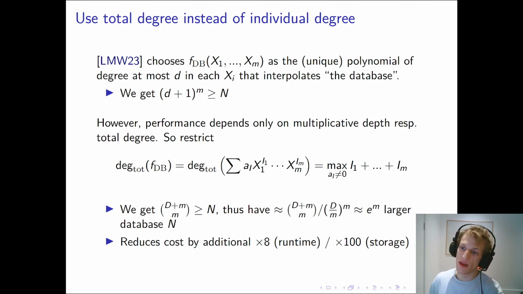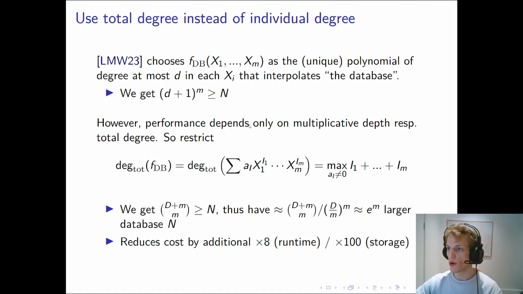But the monomials belonging to this degree are very few. For example, F_TB has only one monomial of degree d times m, and that's the monomial where each x_i has degree d. Nevertheless, we pay for this high degree, but we don't really make use of it. We just make use of it by one monomial.